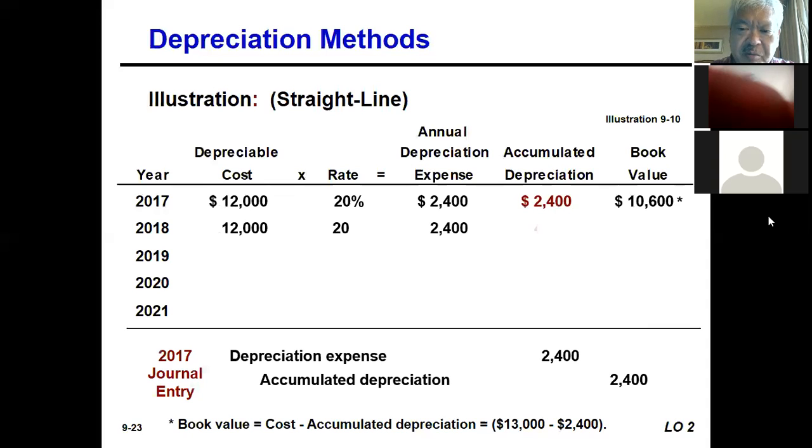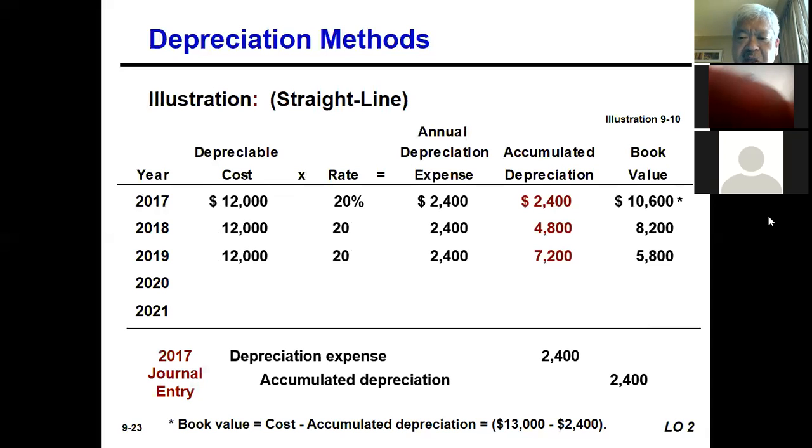And we do the same thing every year. And notice what happens is that pretty much everything stays the same in the first three columns. The fourth column, the accumulated depreciation, is going up because every year we're adding more depreciation into the accumulated depreciation account. While at the same time, the book value is going down. The book value is the cost minus the accumulated depreciation, right?